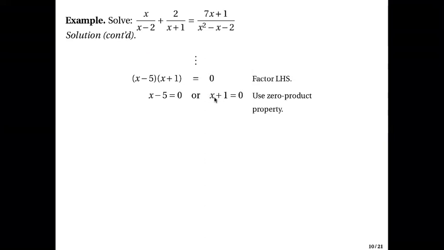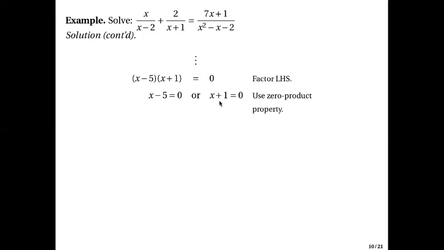Exactly this guy here. We cannot have x plus 1 equals 0, because if you look at the original equation, you have a denominator x plus 1. Correct? And therefore, we cannot have the denominator be equal to 0.